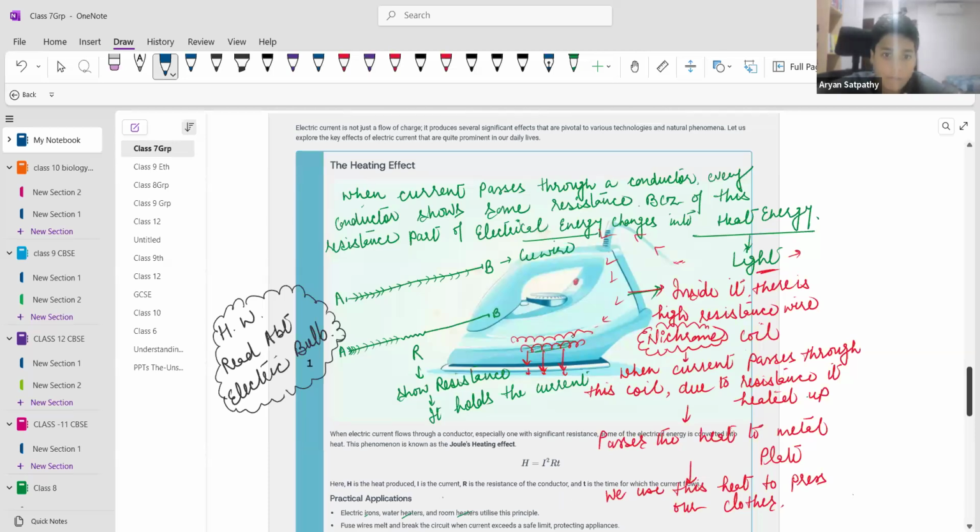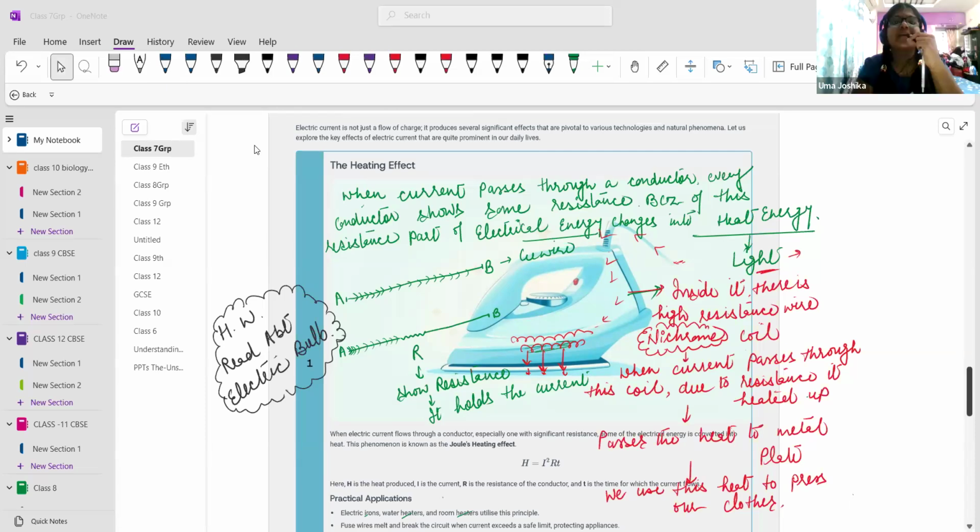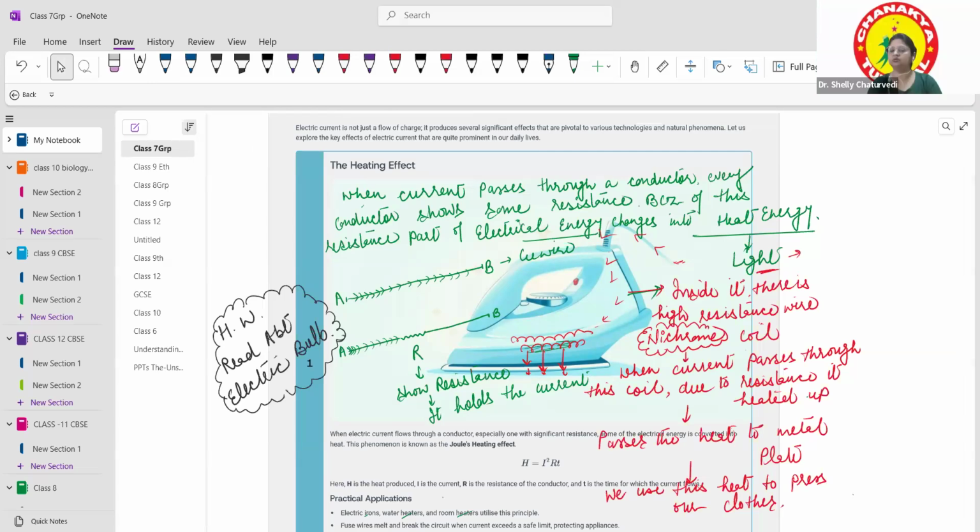Ma'am, I have a doubt. Today we'll be doing the magnetic effect, right? First, we will complete the heating effect. We still have the fuse left. Ma'am, there is a knob on the iron box, right? When we want more heat produced, we turn that. How does that work, ma'am?